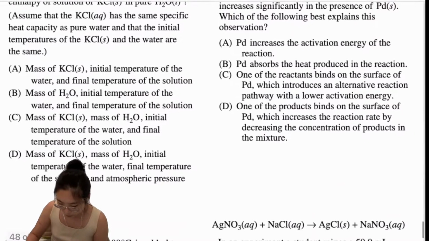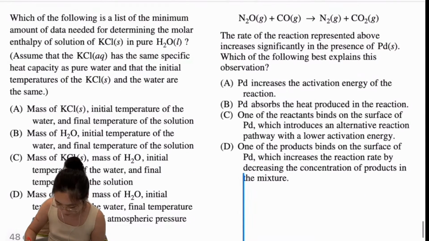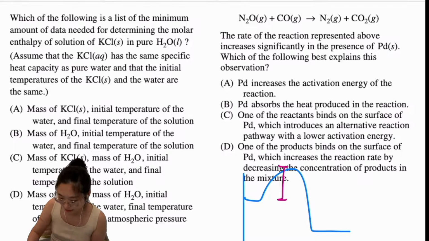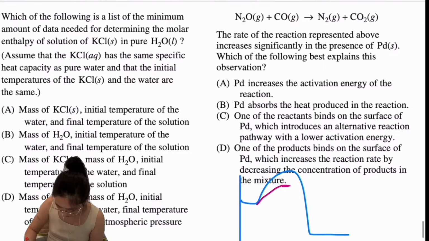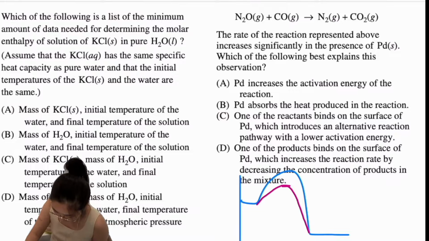If you ever draw this energy diagram, no matter if it's exothermic or endothermic, this is the amount of activation energy for the original chemical reaction. When it lowers the activation energy, it means this part is lowered.